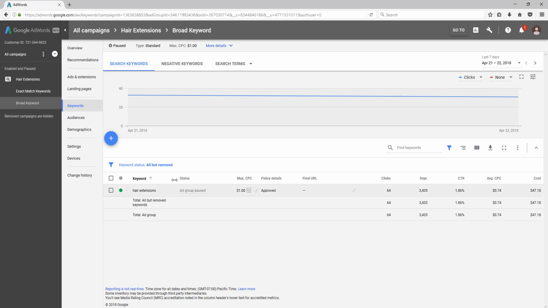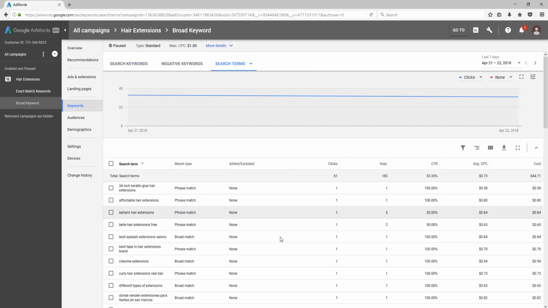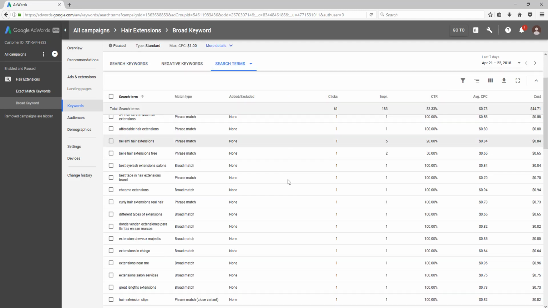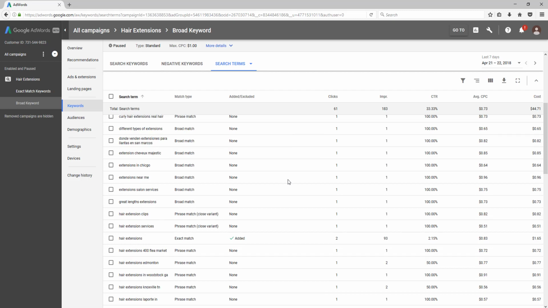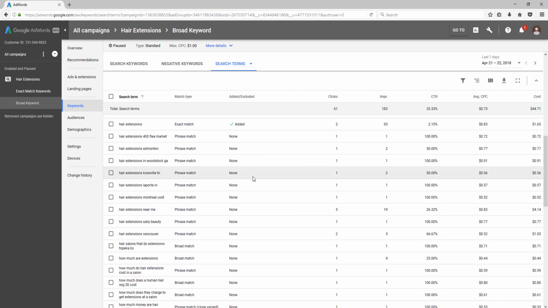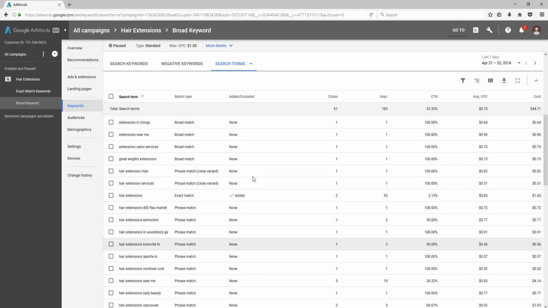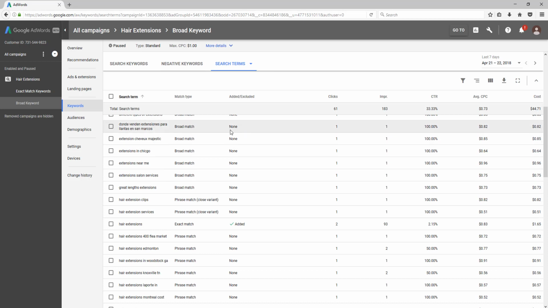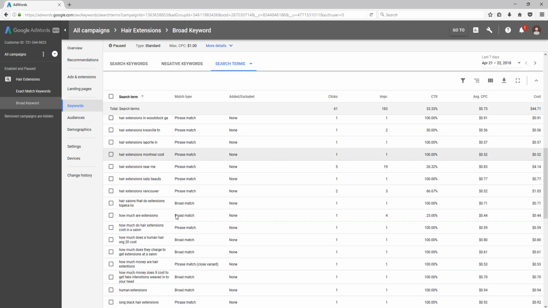So in order to see everything that it's coming up for, we are going to click on our search terms. And here we are going to see that there is a lot of junk words in here. The first thing I noticed when I came here is all these different cities, and that was a little confusing to me.